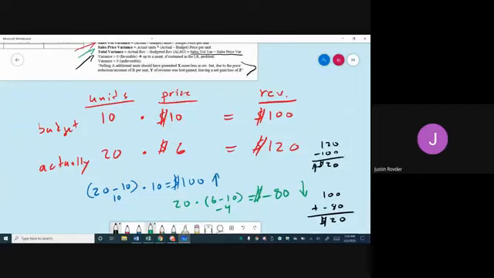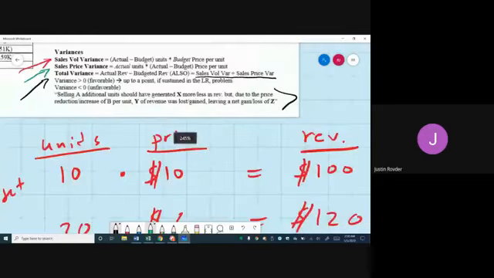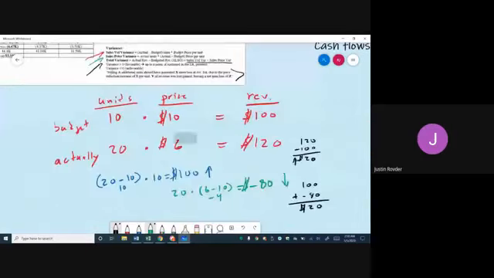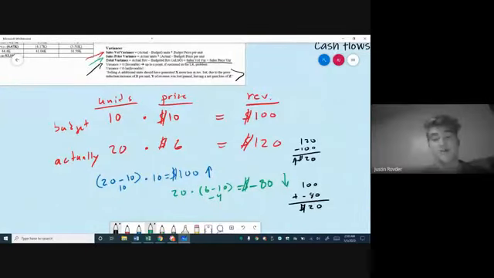And so you're going to use this kind of language format. All you're going to say is, you're going to start with the sales volume variance. So you're going to say, okay, we sold 10 units more than what we were expecting to sell, and at a price of $10 per unit, that should have increased our revenue by $100.